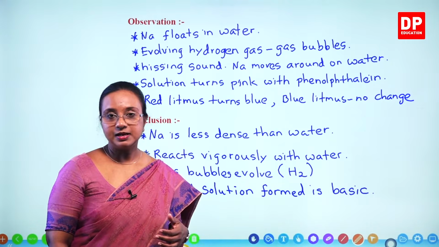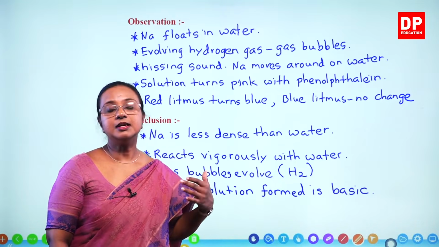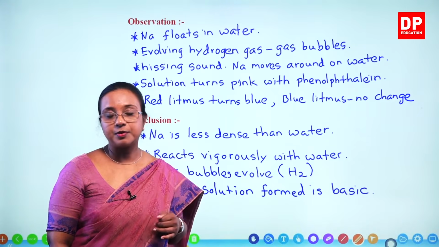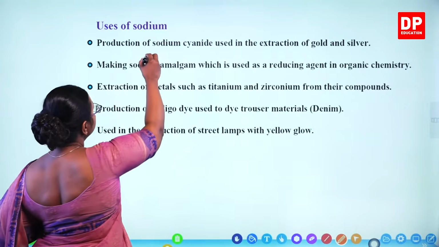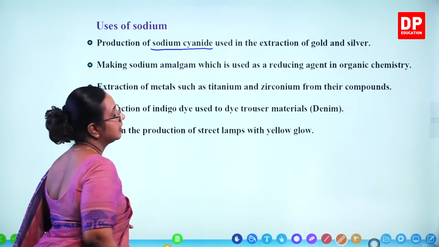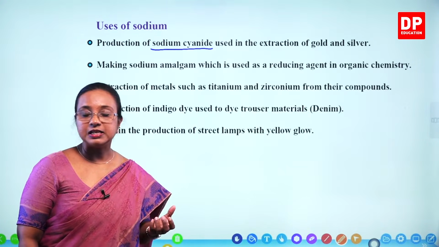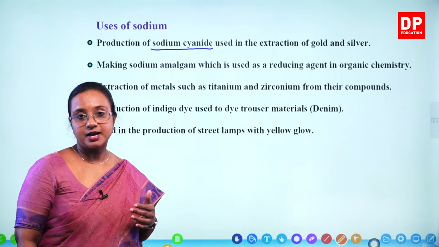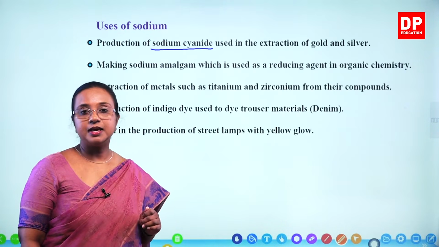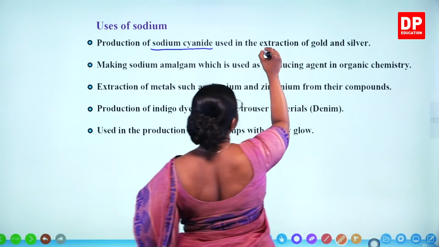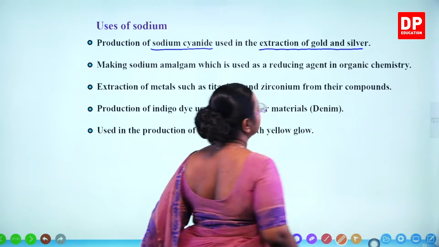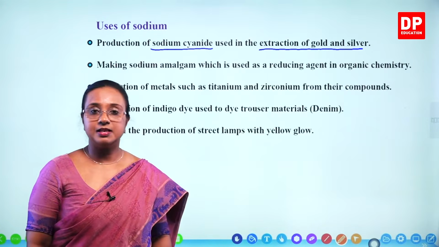That is a metal, and we have discussed the physical and chemical properties of sodium. Now we will discuss the uses of sodium. Production of sodium cyanide. When sodium metal forms cyanide by reacting with other chemicals, that is called sodium cyanide, and this is used in the extraction of gold and silver.